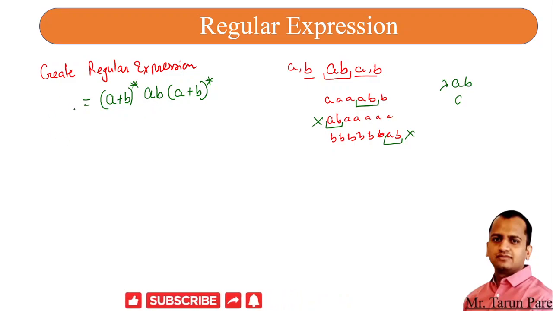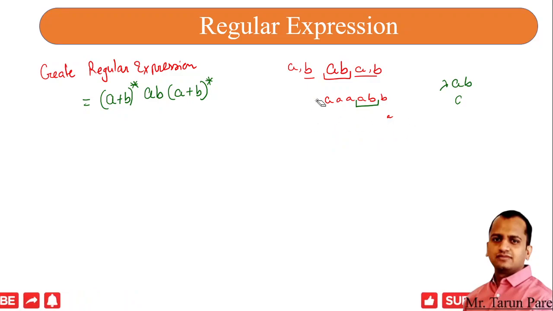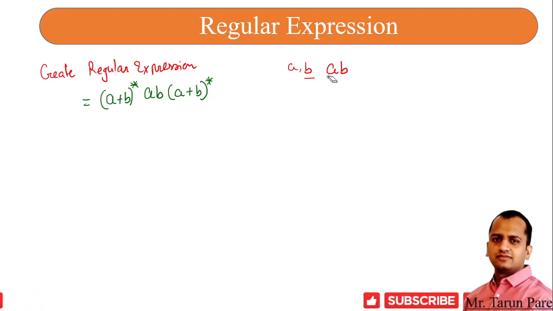Okay, let me take one more example. Suppose you want to create a regular expression which starts with ab and ends with any combination of a or b. So what will be the regular expression for this?